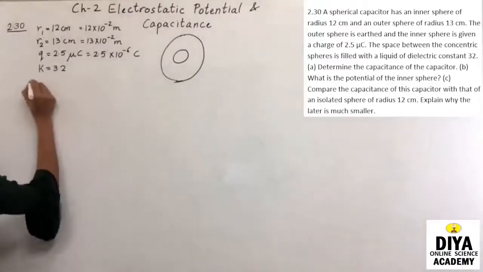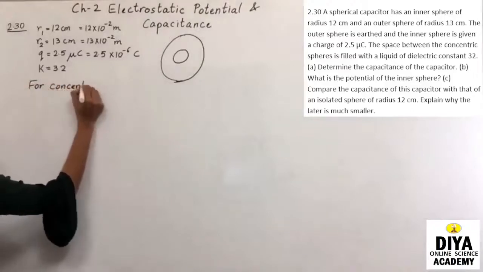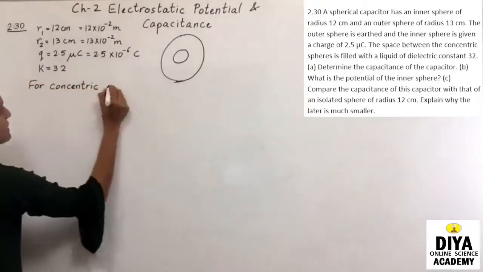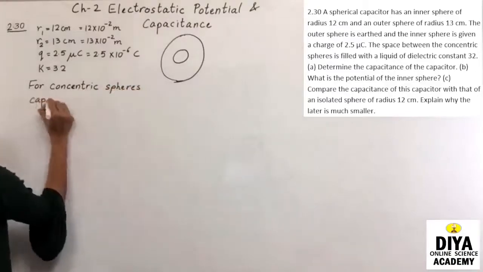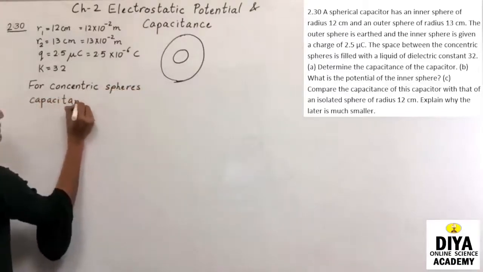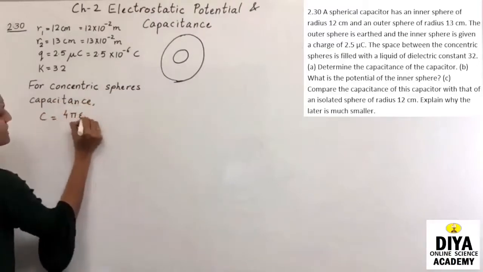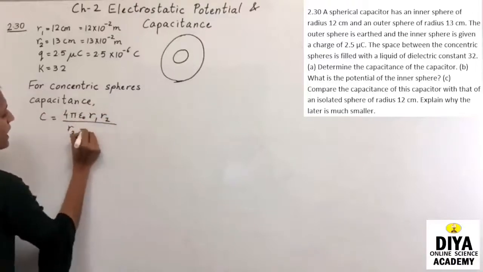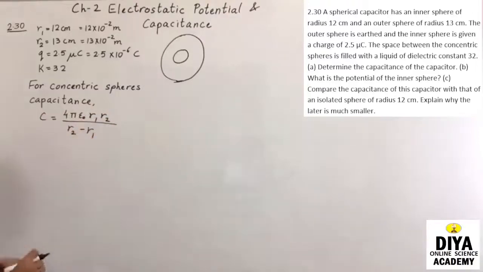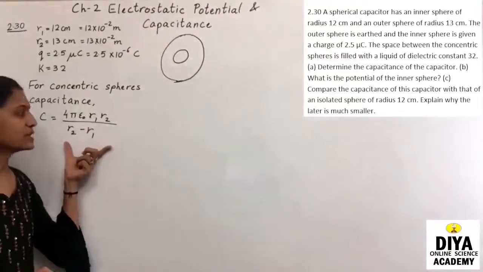So for concentric spheres, capacitance C equals 4 pi epsilon 0 r1 r2 upon r2 minus r1. This is the special formula for concentric spheres.